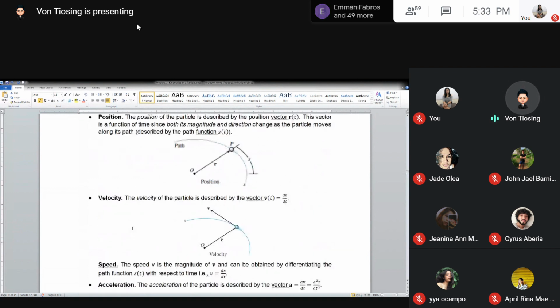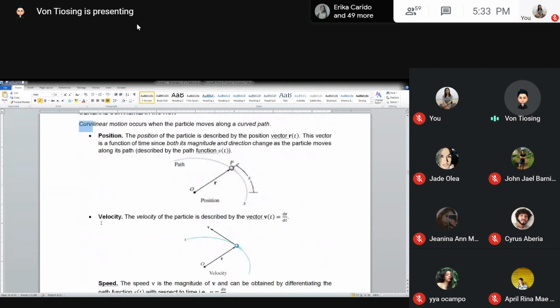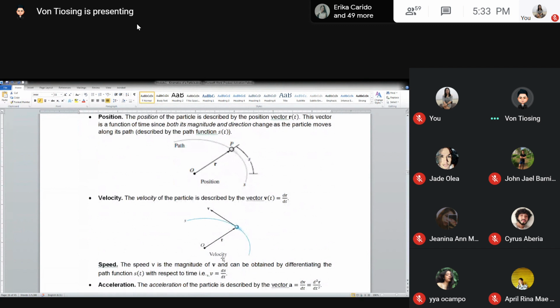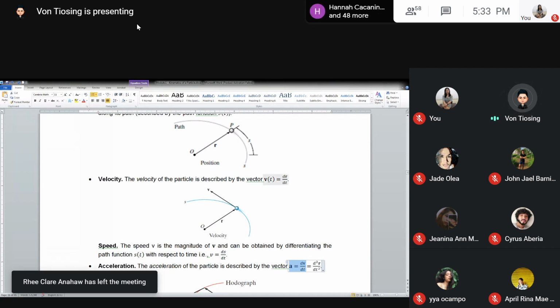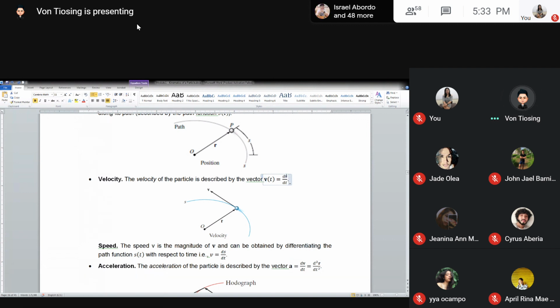Sinasabi ko, the formula still holds for those, yung mga formula kanina of v equals ds over dt, and then a equals dv over dt. But we are going to restrict ourselves here. Pag nakakita kayo ng mga naka-bold na variables dito, it is a vector quantity.